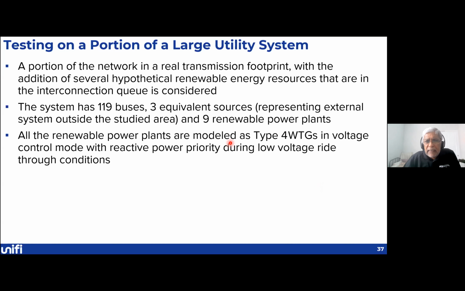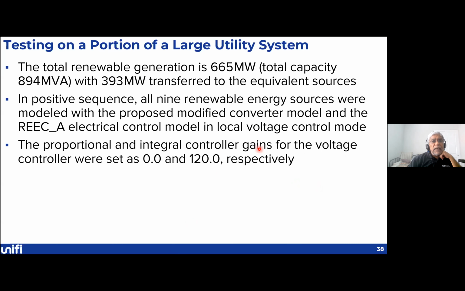All of these are modeled as type 4 wind turbine generators in voltage control mode with reactive power priority during low voltage ride-through conditions. The total capacity of this system is 894 MVA with a total renewable generation of about 665 megawatts.